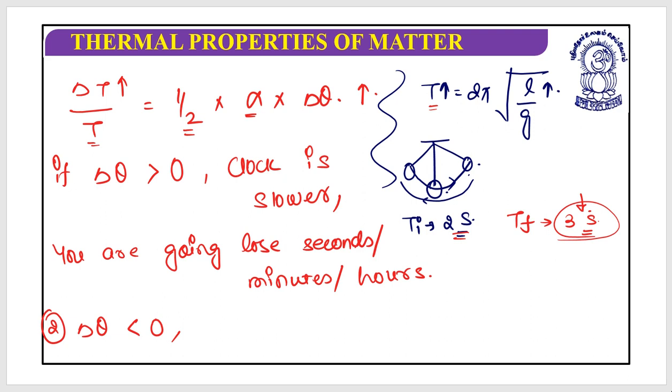So delta theta is less than 0. So this L decreases, and when L decreases, the time period decreases. If initially it was 2 seconds, now this will be done within, let's say, 1.5 seconds.